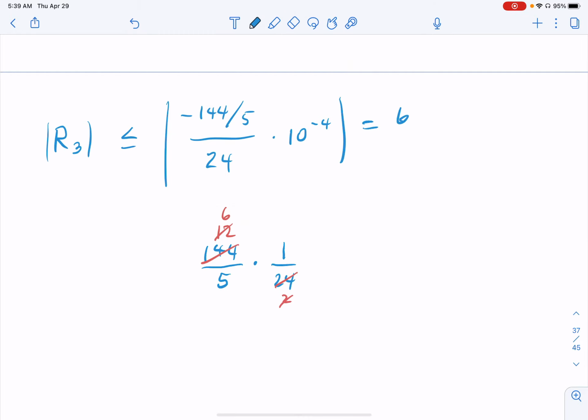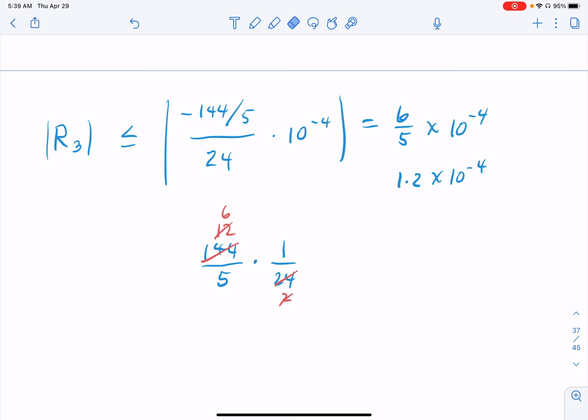We have 6/5 multiplied times 10 to the negative 4. 6/5 is 1.2, so that's 1.2 times 10 to the negative 4. And we are in business because that is less than 2 times 10 to the negative 4.